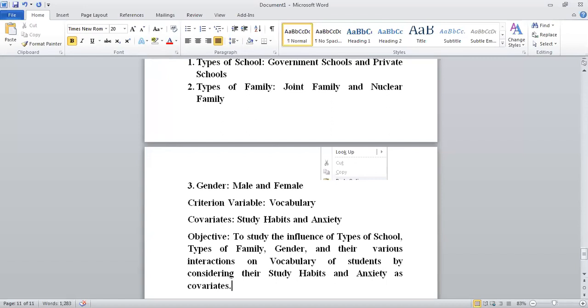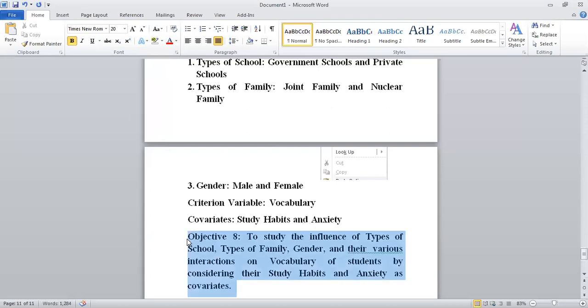Now say if this is the objective you want to write, and if this objective was, I don't know, the 8th, then your hypothesis should be something like this. I can copy and paste.